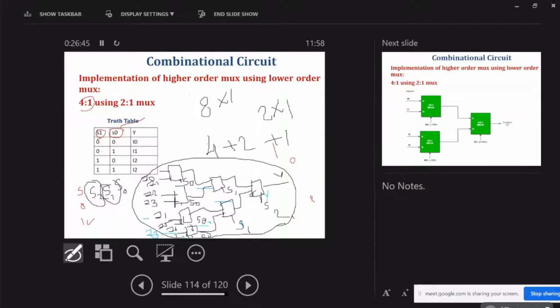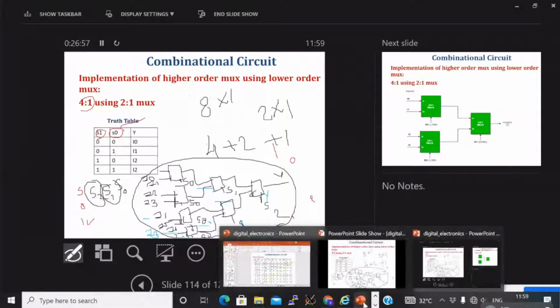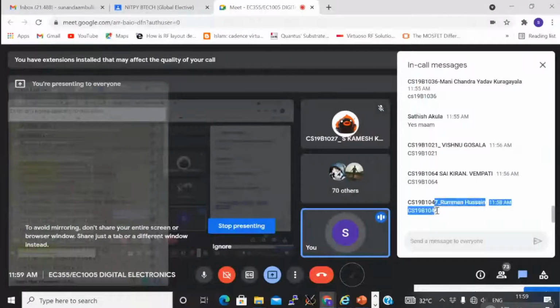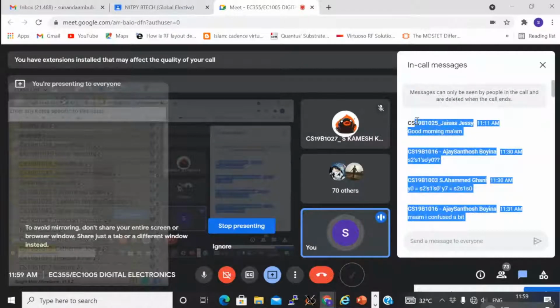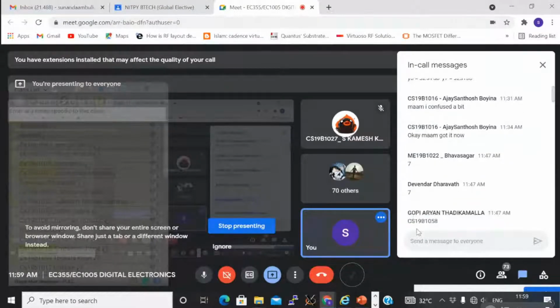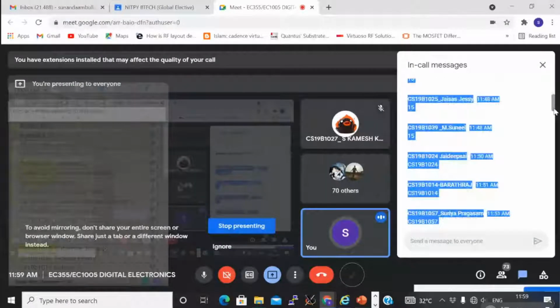So this is the implementation of an 8 cross 1 mux using 2 cross 1 muxes. Tell me one thing: how many 4 cross 1 muxes do we need to implement an 8 cross 1 mux? Anyone?